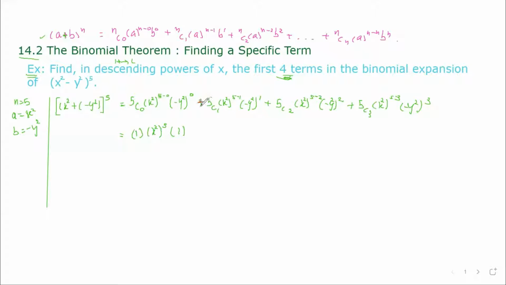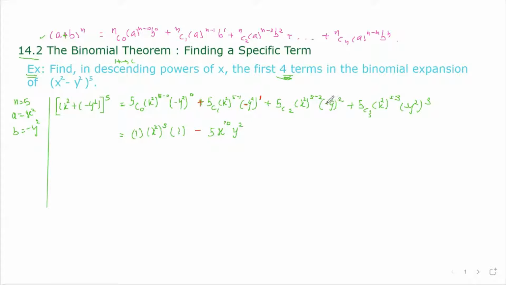This one is plus and this one is minus, but the index outside is an odd number, so the sign should be minus. This term is 5C1, which is 5, so we have 5, and x^2 to the power 5 minus 1 becomes x^8, and y becomes y^2 with the negative sign.